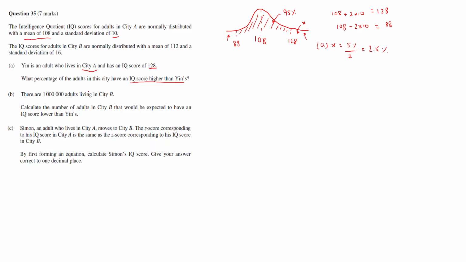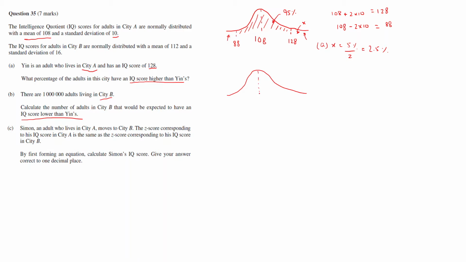Then coming to part B, there are 1 million adults living in city B. Calculate the number of adults that is expected to have IQ score lower than Ian. Now again we need to use an empirical rule, but here the distribution is different, right?